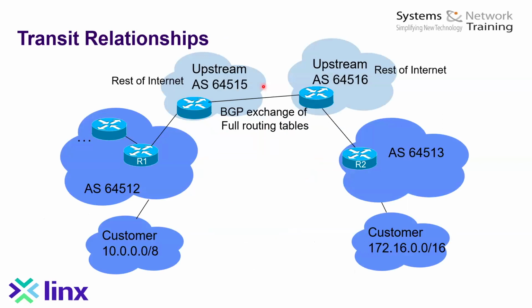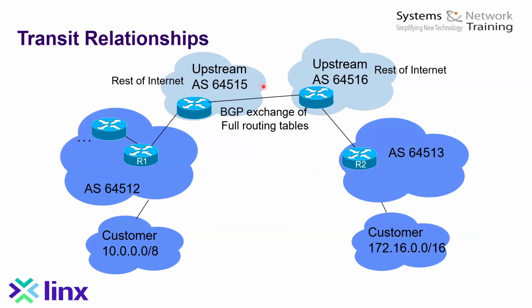Transit relationships are also sometimes known as IP transit, and sometimes, rather imprecisely or perhaps inaccurately, as peering point. But let's focus on the transit part now.